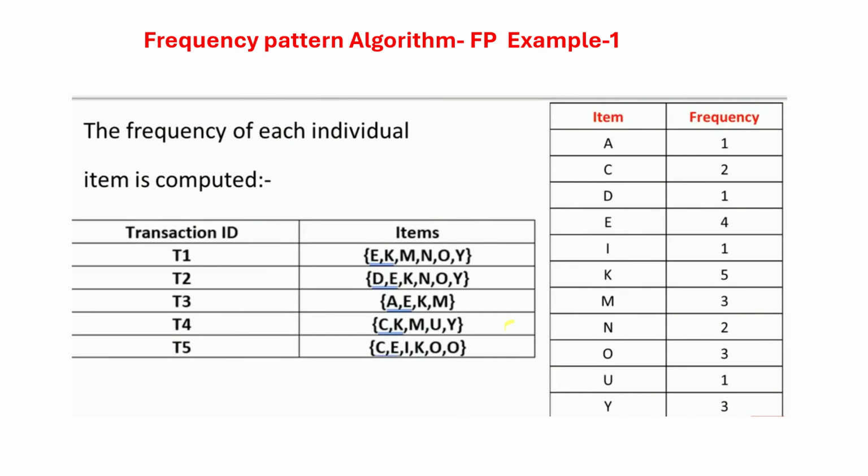The item A appears one time in the entire set of transactions. C appears two times and D appears one time. E appears four times: 1, 2, 3, 4. So we have to list the frequency of all the items.